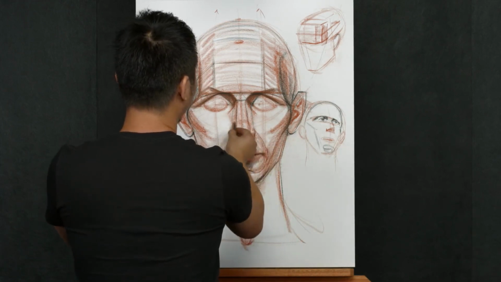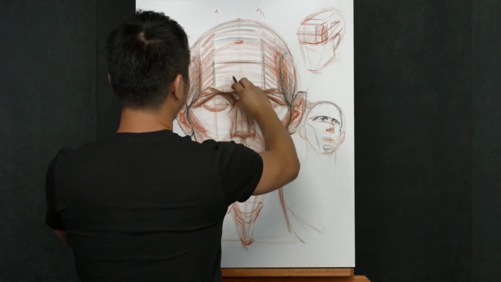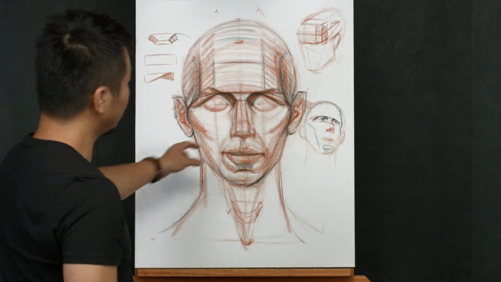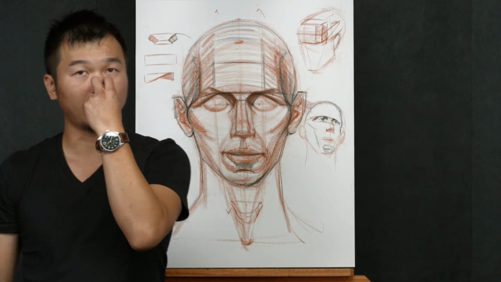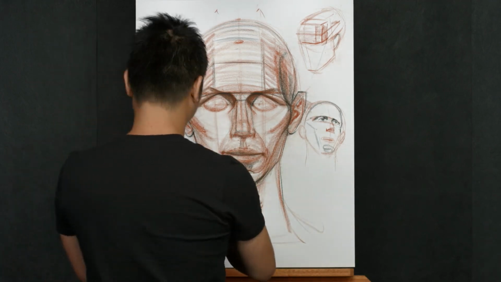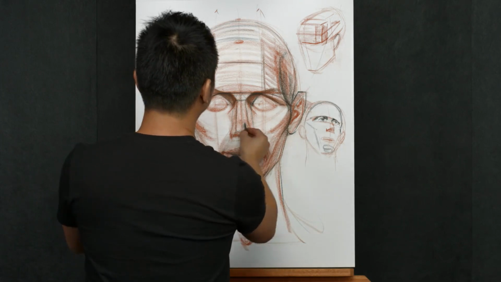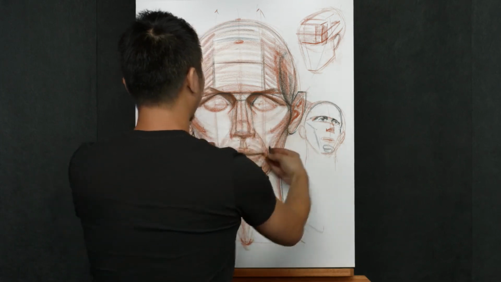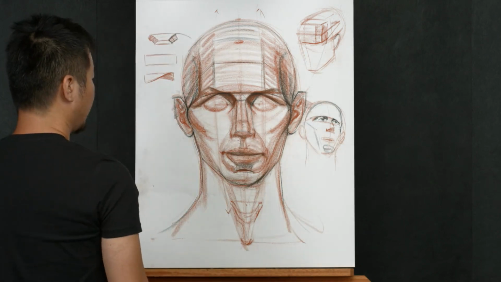So here, at about a third of the nose, 1, 2, 3, a third of the nose, that's basically where the tip of the nose is. You've got the ball of the nose and you have the wing. The ball of the nose is going to sit highest, and the wing is going to drop down beside it.